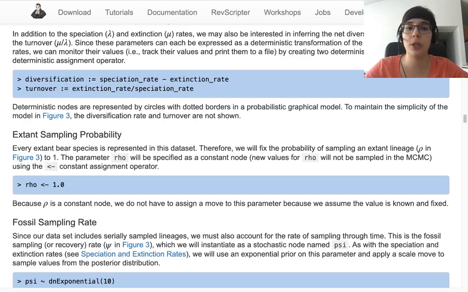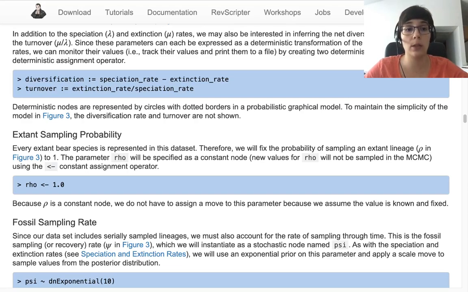However, the diversification rate and the turnover are not independent parameters. They are completely defined by the value of the speciation rate and the extinction rate, which are parameters that we have already defined. So we are not going to set up a specific prior on the diversification rate, for instance, because that value is already constrained by the values of the speciation and extinction rate.